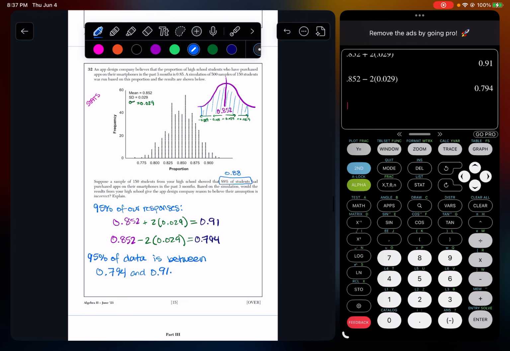And then I'm just going to ask myself, so that's where the expected results are. Is this individual result they gave me, does it fall in there? Yes, it does. 0.88 is between 0.794 and 0.91. So 0.88 falls in that interval.